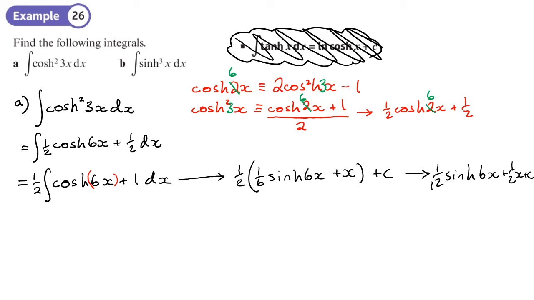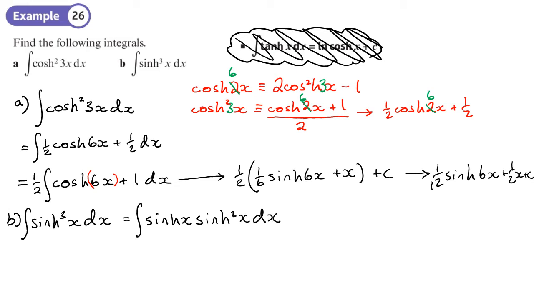Now part B, there's a little trick we can use with this sinh cubed x. Anytime you get an odd power like 3, 5, 7, 9 with cosh or sinh, we're going to write it like this: sinh x times sinh squared x dx.